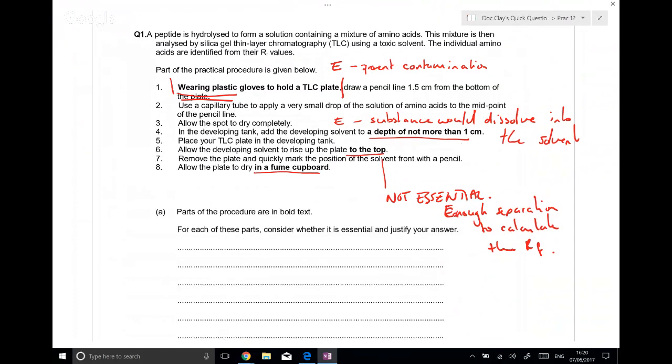In this particular one, they don't tell us what solvent it is, but what we're going to assume here is that a fume cupboard is certainly a good idea, and basically if we've got a toxic solvent, then this is going to be essential. It's always a good idea to use, where sensible, a fume cupboard, given the solvents, as it's going to stop you inhaling it.